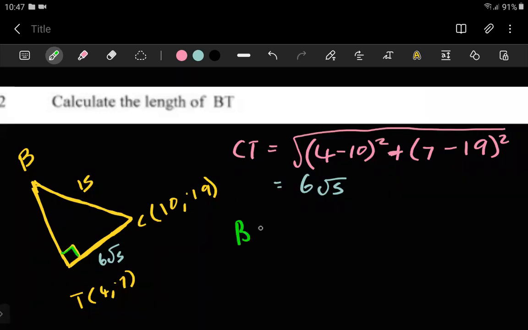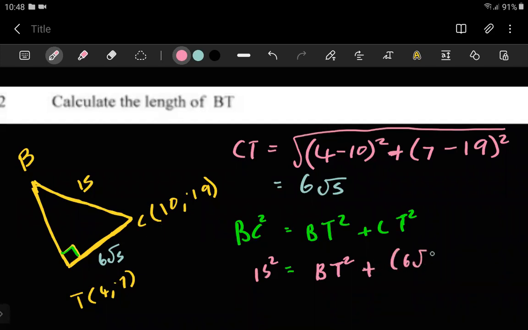So Pythagoras theorem here is going to be BC squared is equal to the other two squared added together, CT squared and BT squared. I should put in the sizes. Sorry. BC is 15. BT is what we're looking for. CT is 6 square root of 5.